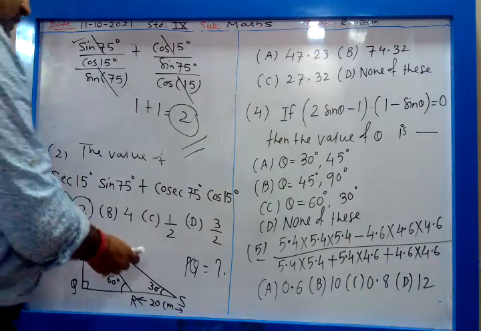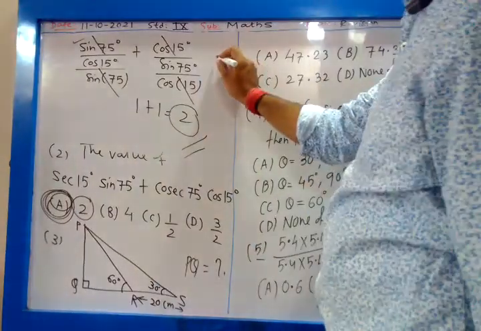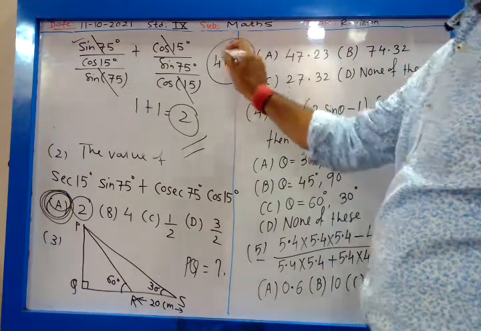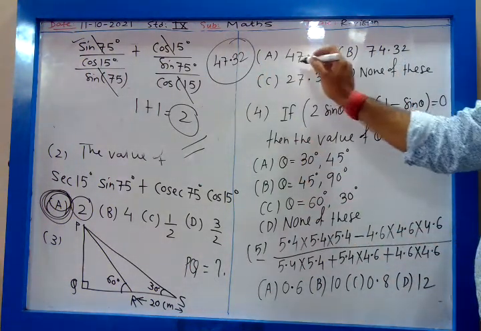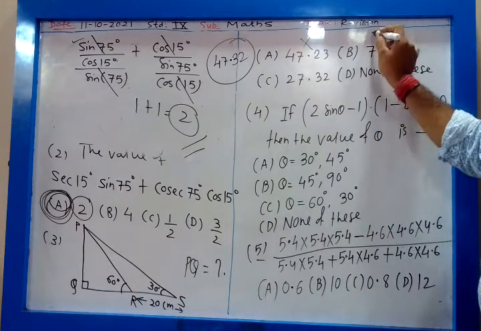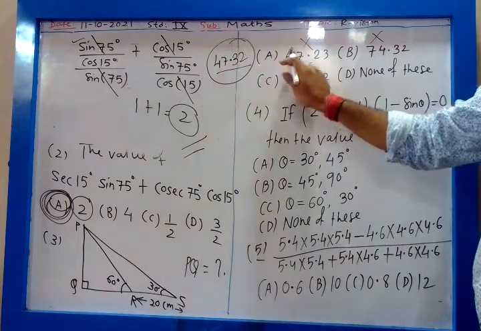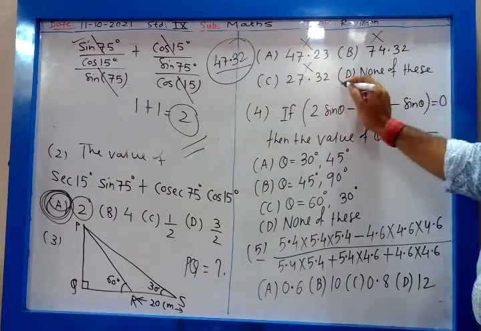When you simplify these, the answer of PQ comes 47.32. And this option is 47.23, the others are 74.32 and 27.32. So 47.32 is not there in any option A, B, C. So D is the correct option.